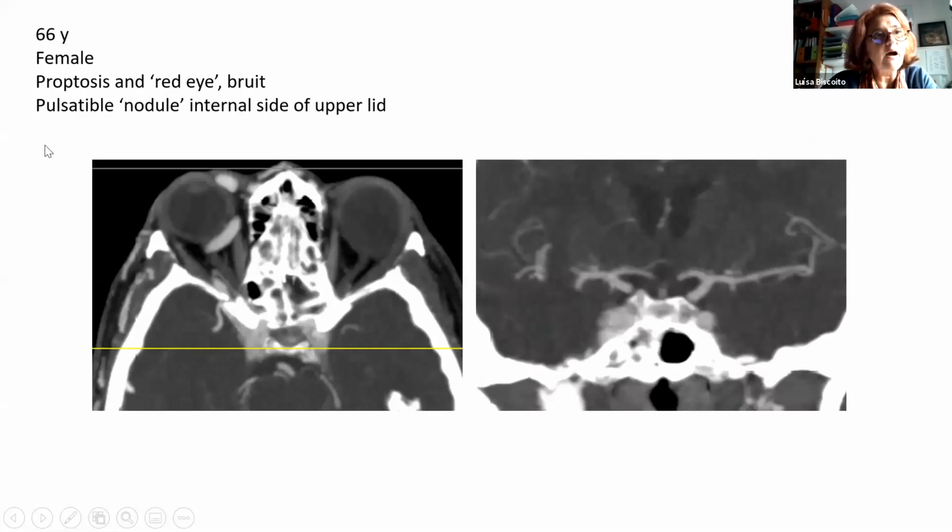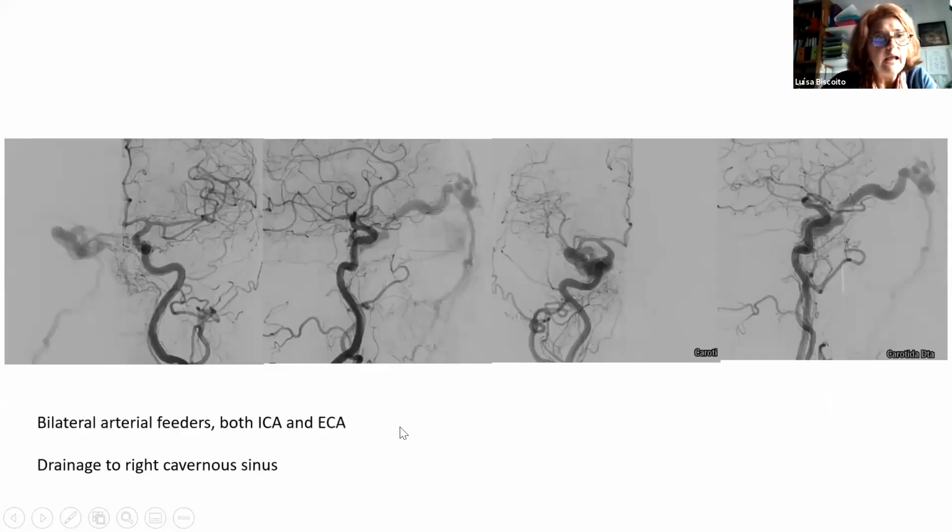In this case, our patient is a 66-year-old lady with proptosis, red eye and bruit, with a pulsatile nodule on the internal side of the upper lid. We made the diagnosis by CT and CT angio, and we see that the nodule is maybe this curve of the ophthalmic vein, and we see dilatation of the cavernous sinus.